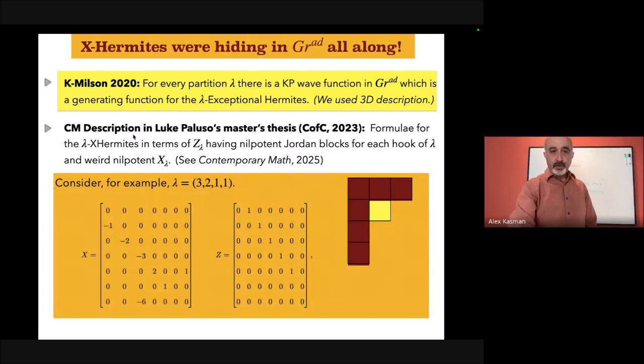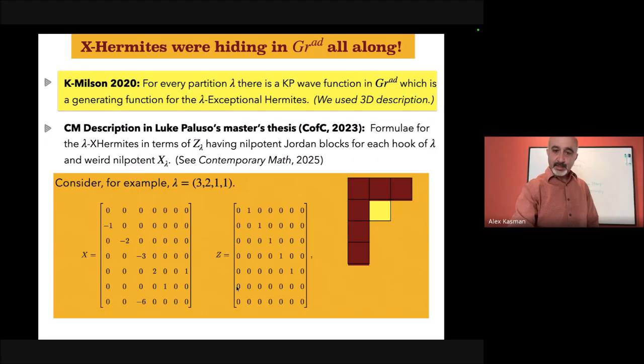So, for example, one of the things Luc worked out is that if you pick this partition 3, 2, 1, 1, then the Calogero-Moser matrices that will give you the corresponding exceptional Hermites are, for Z, you look at this big hook in the Young diagram, 1, 2, 3, 4, 5, 6.